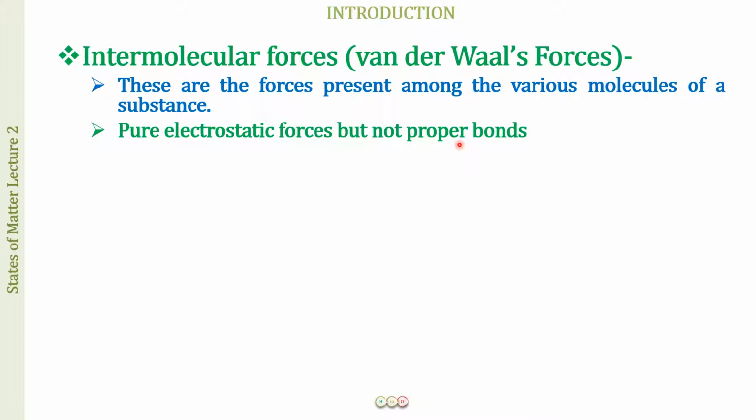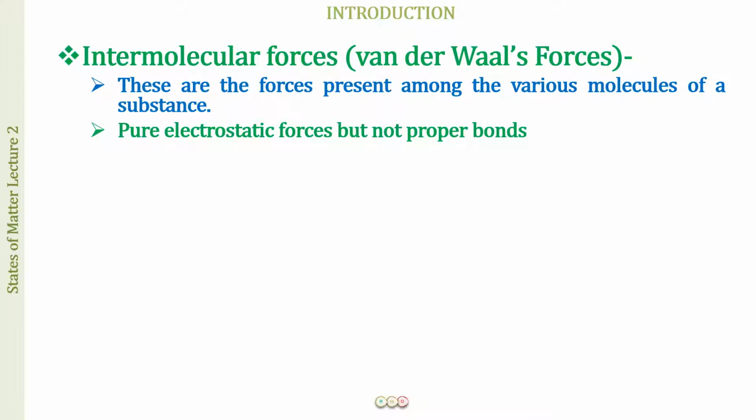This is not an ionic bond. This is not even a covalent bond. We say that the intermolecular forces can be between atoms as well, but then it is not those atoms which are sharing their electrons. It is not the covalent bond that they are forming which we categorize into the intermolecular forces.